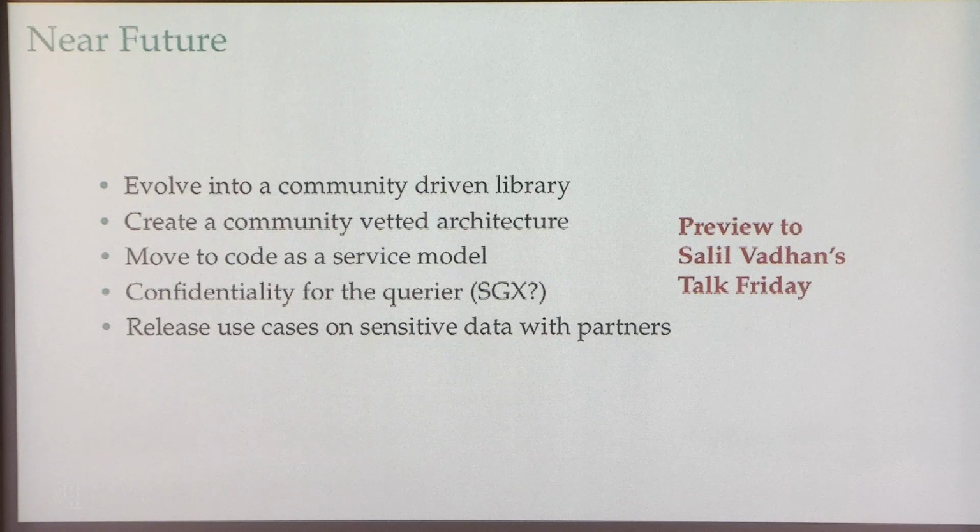We run our code on the private data because we are integrated with the repository, but we want this year to move this to a code service model where you come to PSI as a service and say, I would like to make these releases, and PSI generates code to make those releases and then gives it to you in a certified fashion for you to go run wherever the data is stored, so the data doesn't have to come to us. Maybe by having some sort of certified image that can be run on the data wherever the data is being held.